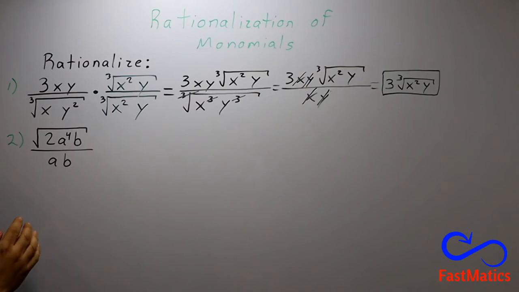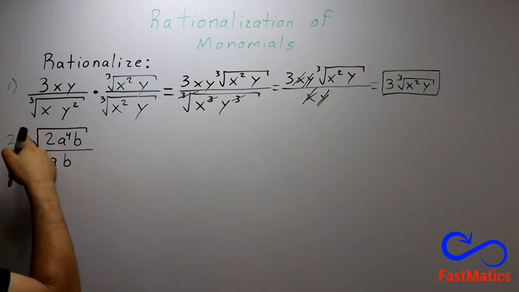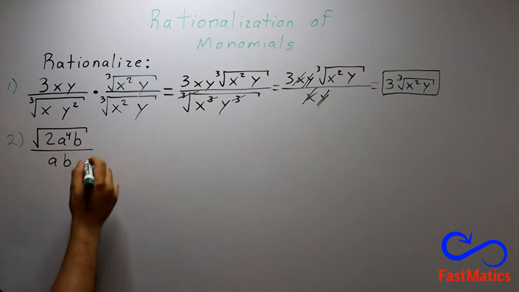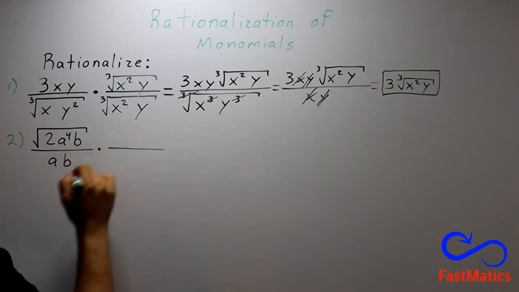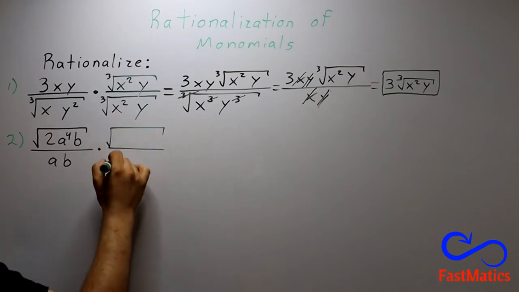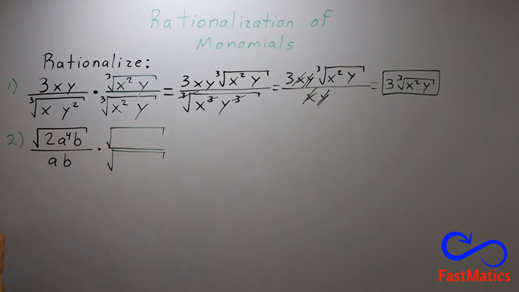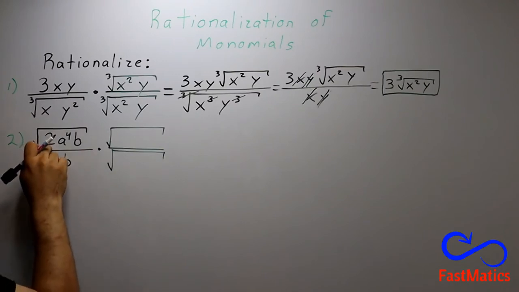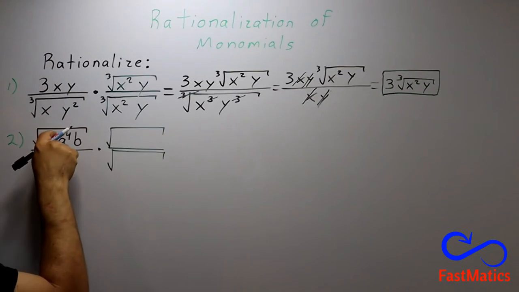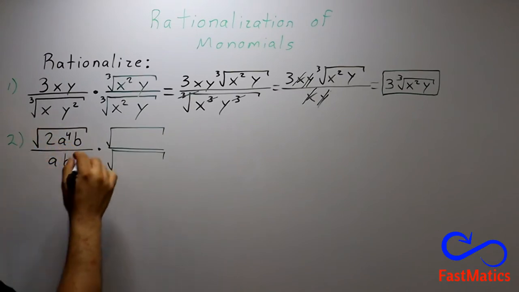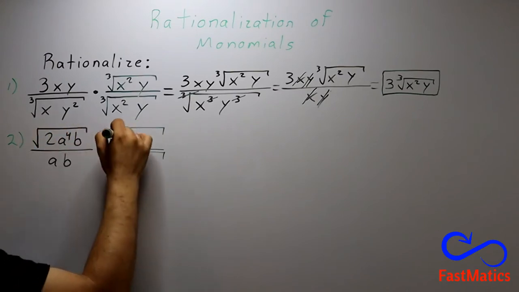Next example. If you want to make a square root disappear from the numerator, you are going to multiply by a square root in the numerator and the denominator. So for the 2 that has a 1 as exponent, you're going to put another number 2.